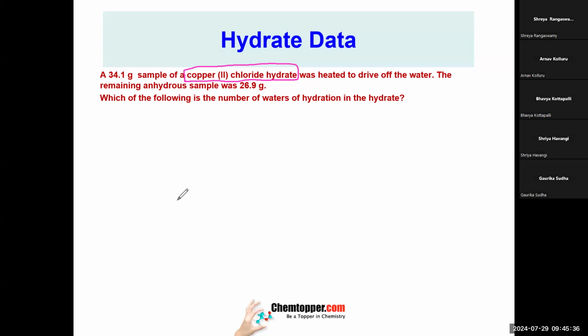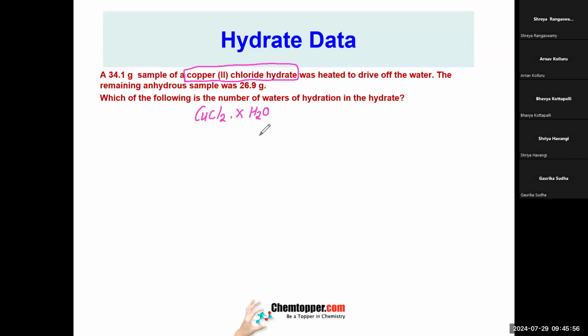Okay, give me the formula. Yes, Shreya R, very good. Gorika, good. But hydrate. So can I say the formula is CuCl2? Yes, very good, Shreya H. Excellent. That's what I said, that you have to assume it like this.